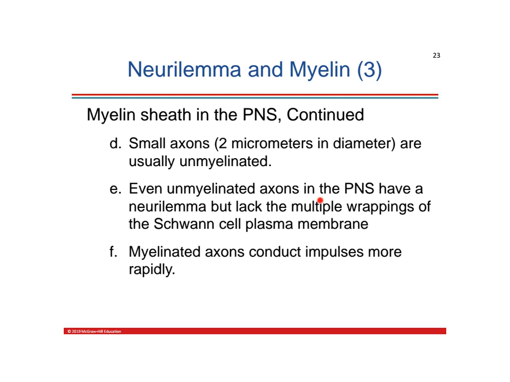Even unmyelinated axons in the PNS have a neurolemma, but lack the multiple wrappings of the Schwann cell plasma membrane. So they would just simply lack the wrapping that would form the myelin, but they would have a neurolemma in the Schwann cell, or Schwann cells, plural. And this is something we'll talk about more later, but myelinated axons will conduct impulses much more rapidly than unmyelinated axons.